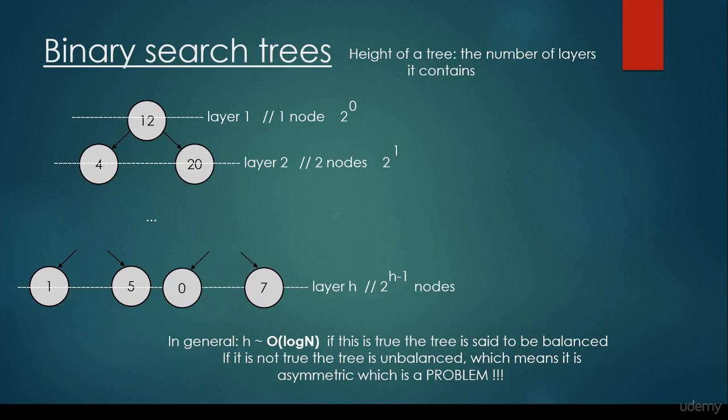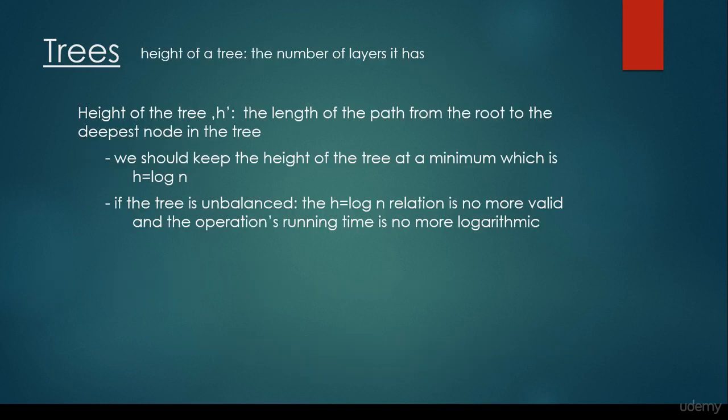Why is it problematic? Because the running times are going to suffer, so the logarithmic time complexity is not going to be met if the tree becomes unbalanced. So the height of the tree is the number of layers it has. The formal definition is that it is the length of the path from the root to the deepest node in the tree. And we should keep the height of the tree at a minimum, which is approximately h equals log n.